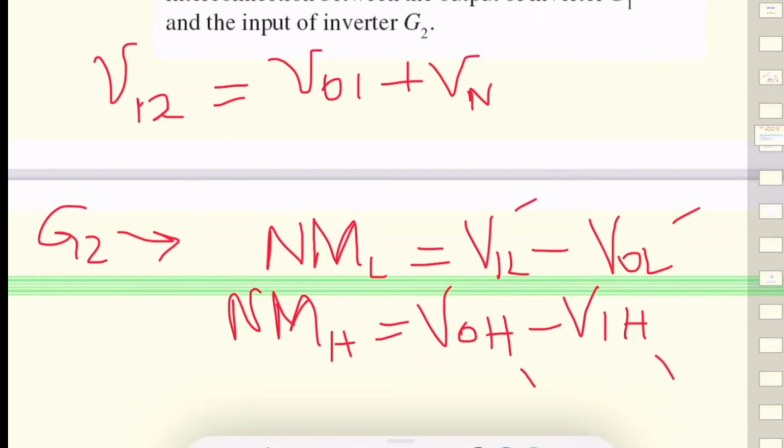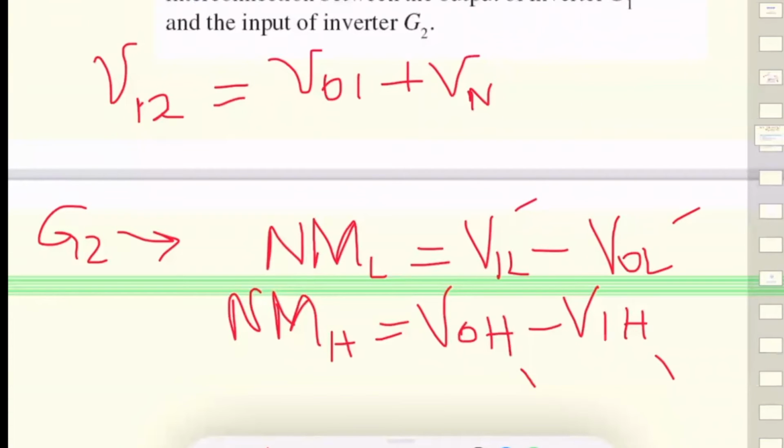And if you think about it, in an analog circuit, this noise would directly show up in your output and take the operation away from whatever the ideal behavior would be. But in the case of a digital inverter, we are getting a larger tolerance to variation in the input signal.